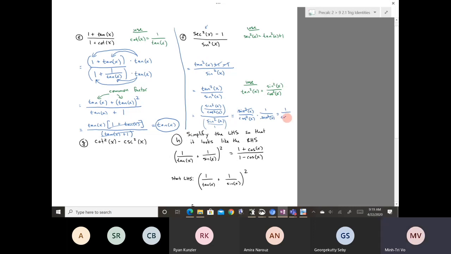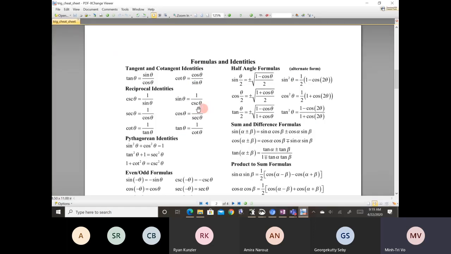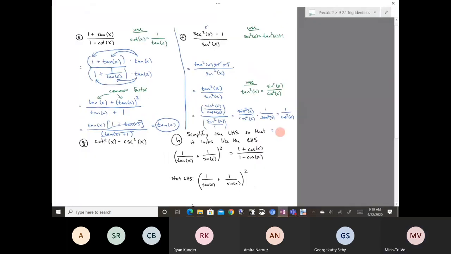But what is 1 over cosine squared? Well, 1 over cosine is the same thing as secant. So I'm actually using a third identity here, right? 1 over cosine is the same thing as secant.